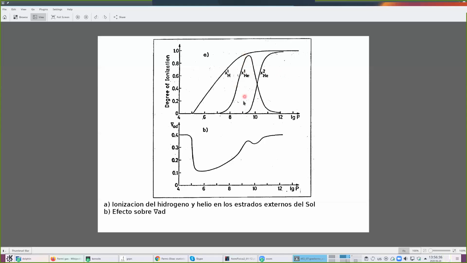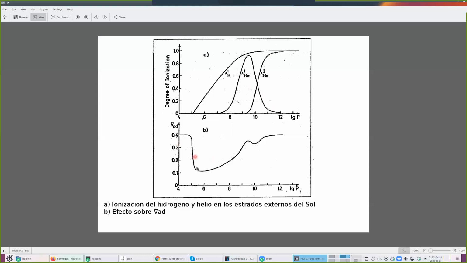So at this temperature you have the maximum, then you do not have enough energy to have helium 2, or you have too much energy to have helium 2, so you have helium 3.